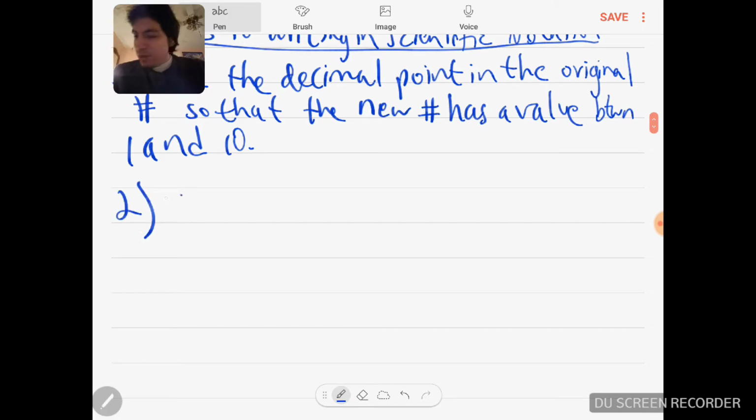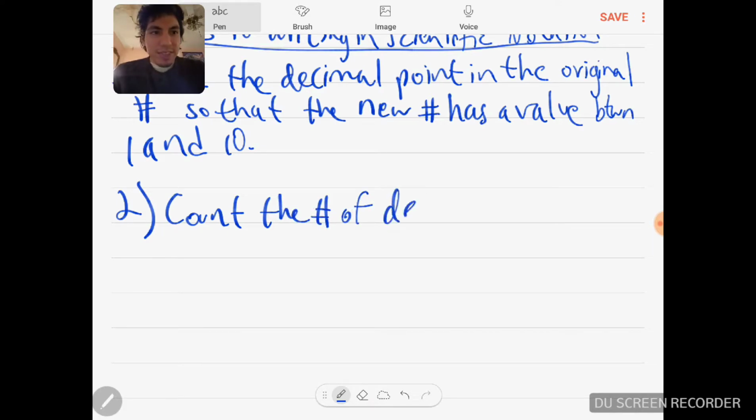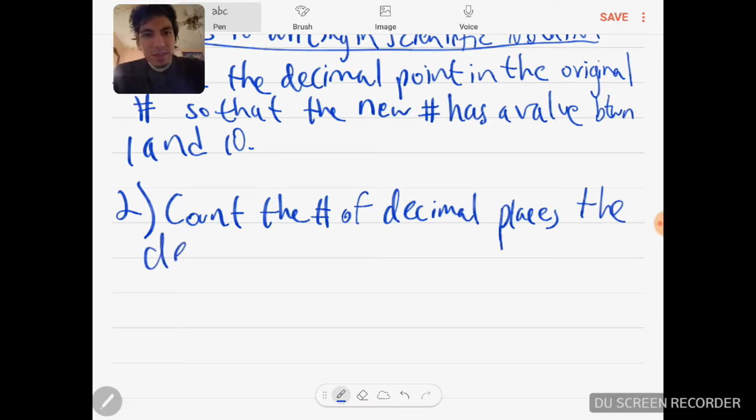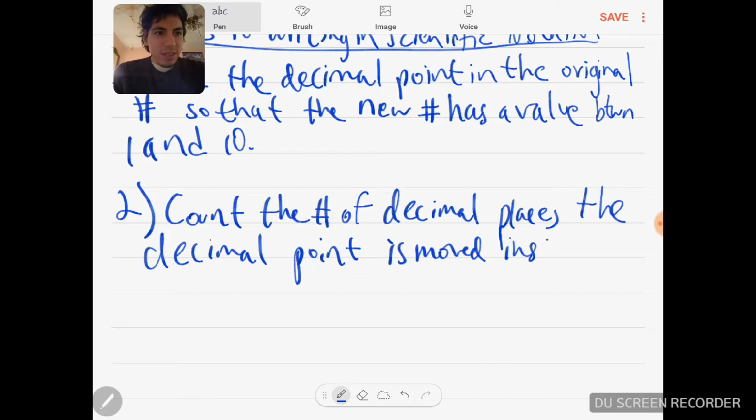The second step, you have to count the number of decimal places the decimal point is moved in step 1.